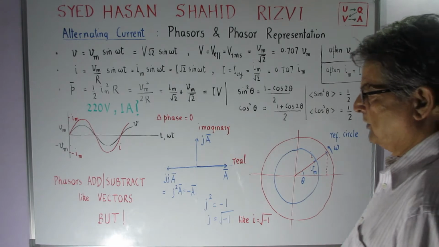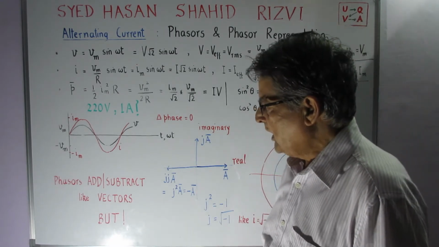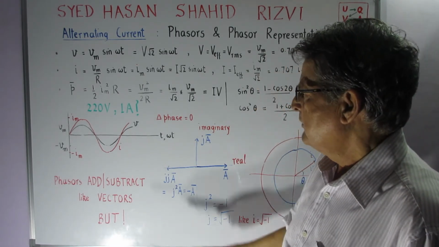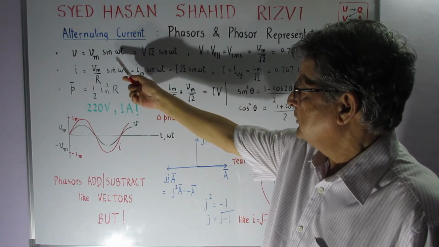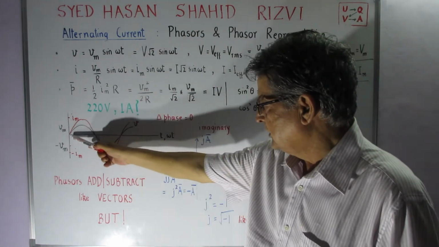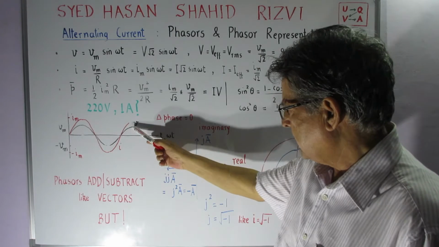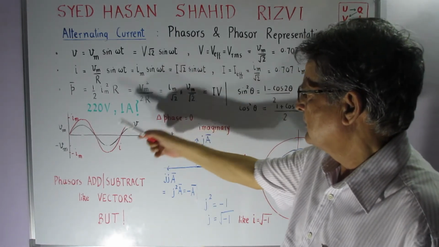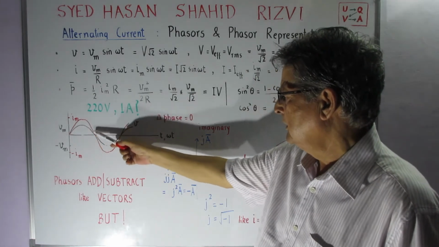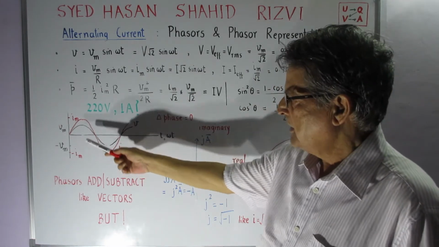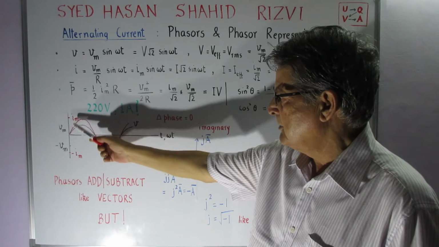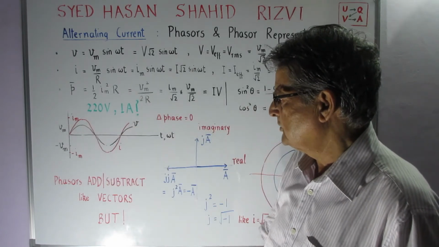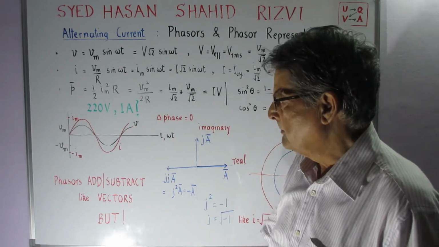I also did plot the time diagram for V is equal to Vm sine of omega t, which is with the black ink over here, and I is equal to Im sine of omega t, which is with the red ink, where we have marked Vm, minus Vm, Im and minus Im, etc. Okay.